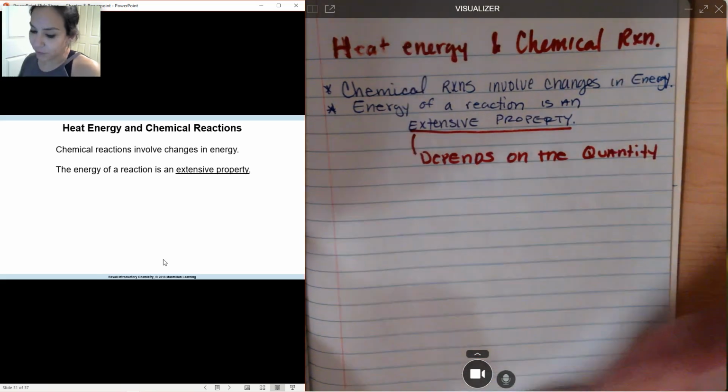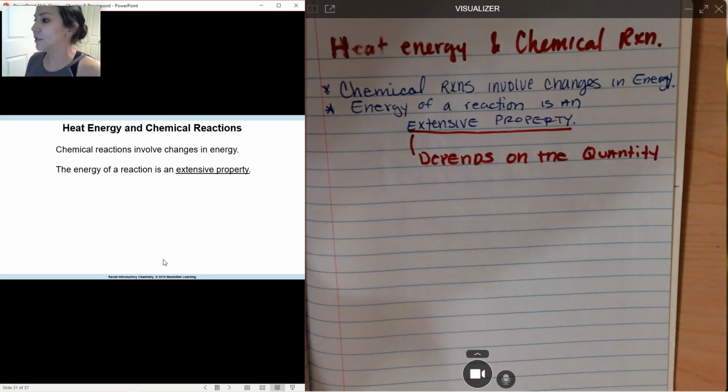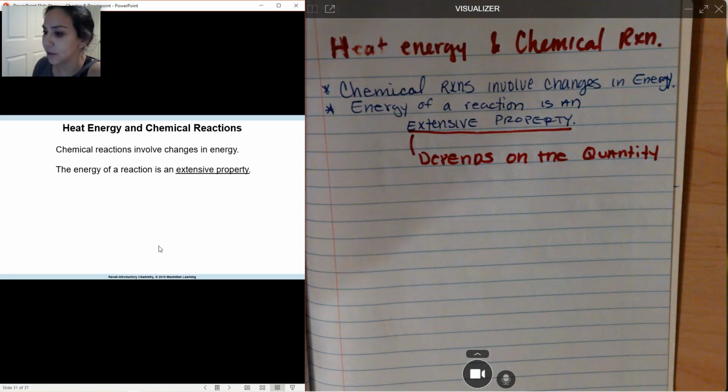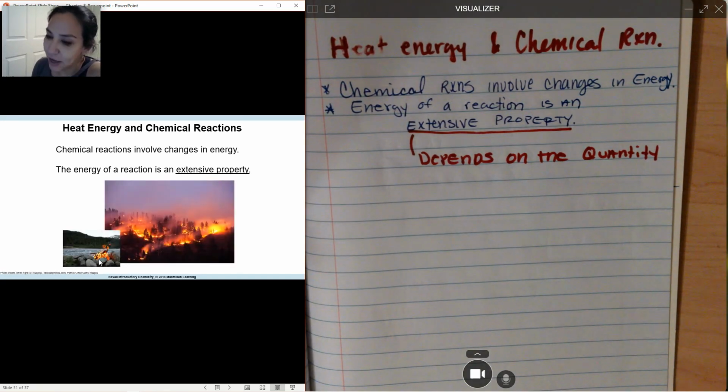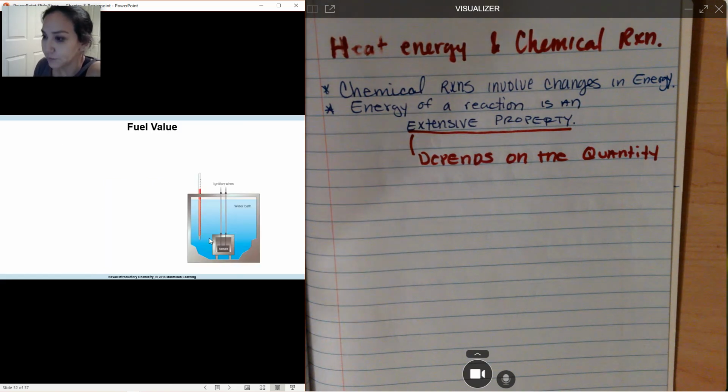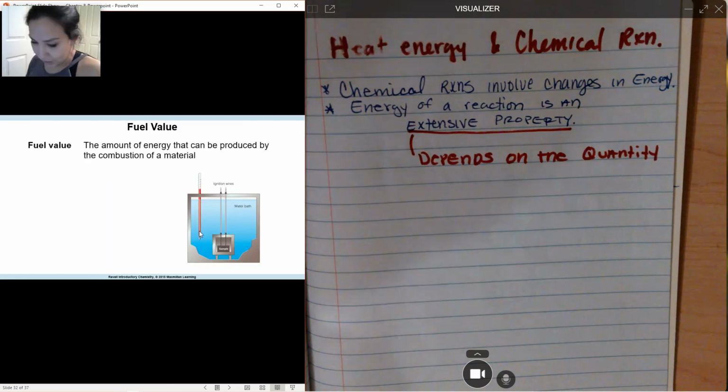That's basically how much. Campfire versus a forest fire kind of thing, right? A campfire is much smaller, a forest fire is much bigger. So you're going to release more energy because you have more to burn. Right. Let's look at fuel value.